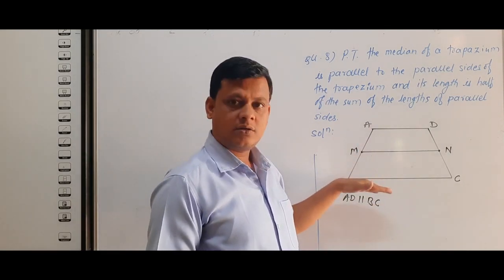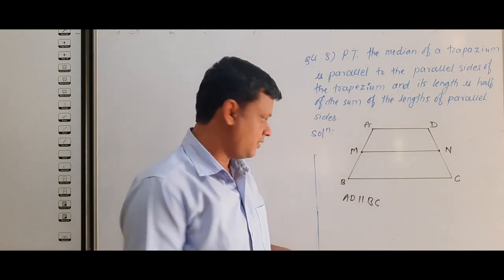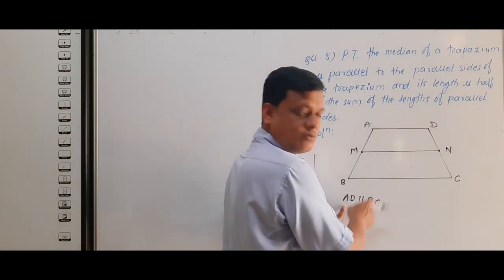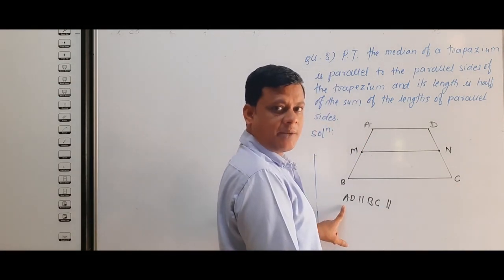So in this trapezium we consider this side AD parallel to BC. These two sides we have to show parallel with the median of this trapezium.